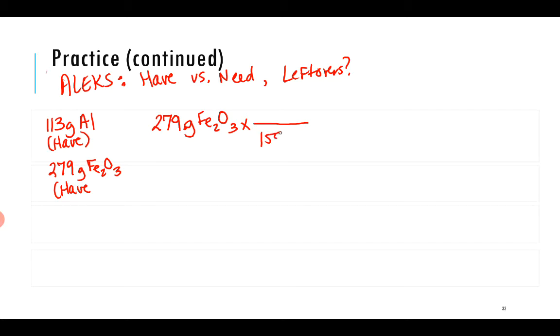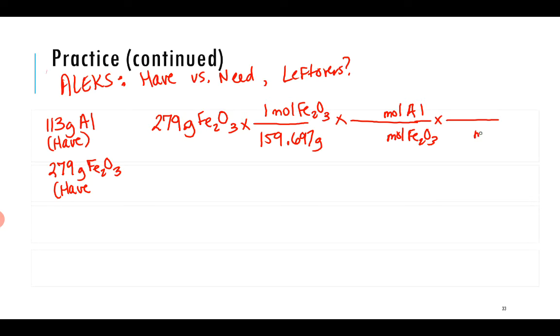So the molar mass of that was 159.17 grams, and so that's moles of iron oxide. Cancel out my moles of iron oxide. Get into moles of aluminum.